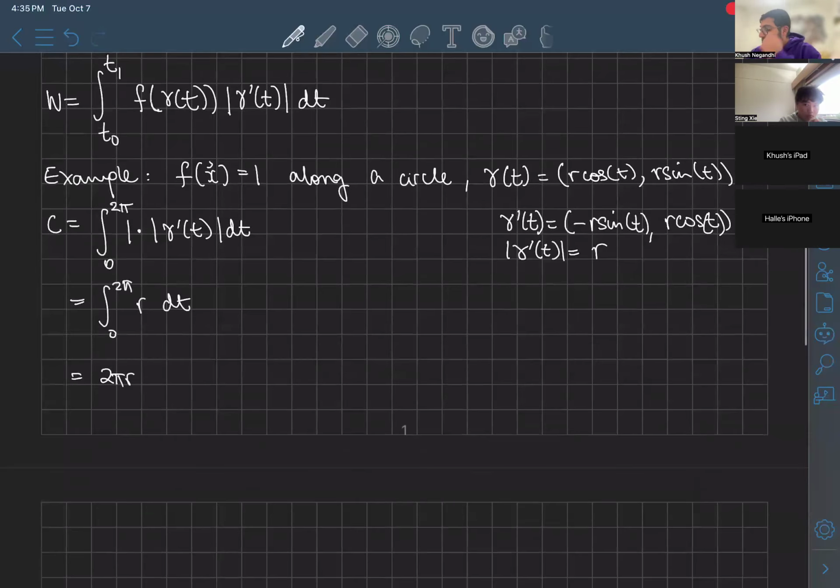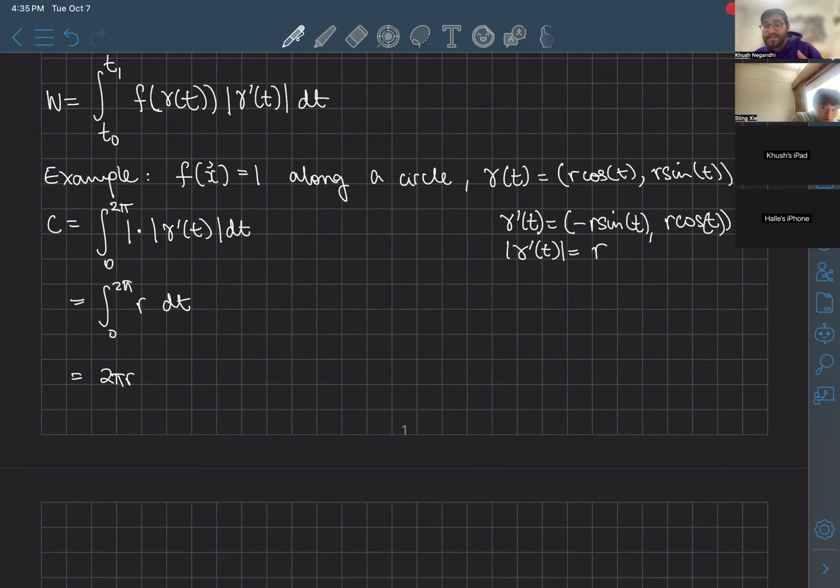Okay. But now, what happens if I change parameterizations, right? What if instead I move along the circle twice as fast? The circumference of the circle doesn't care about how fast you moved around it, right? The circumference doesn't care.